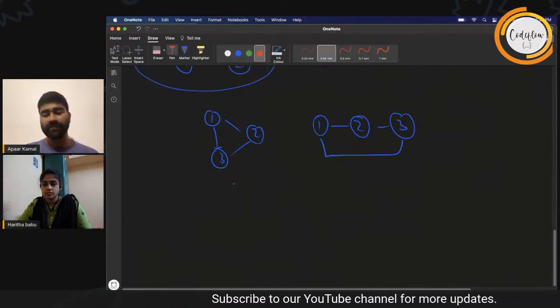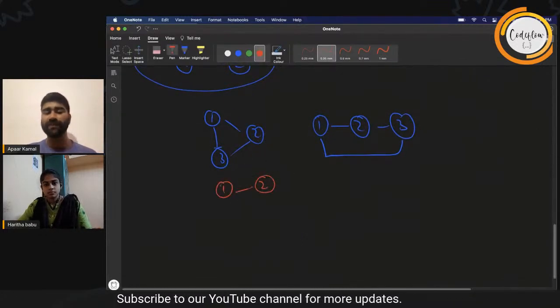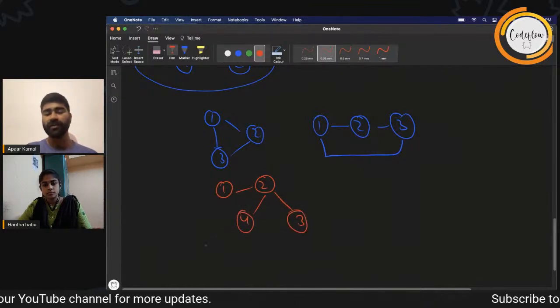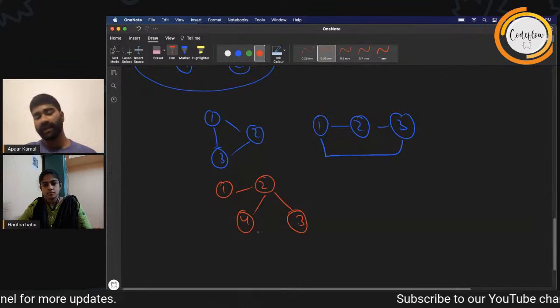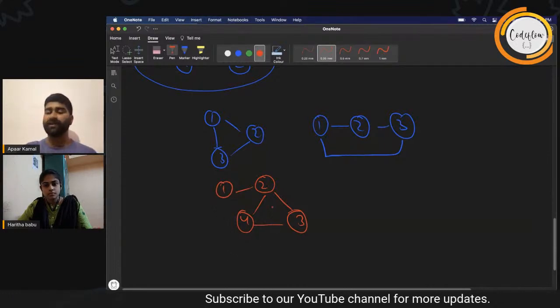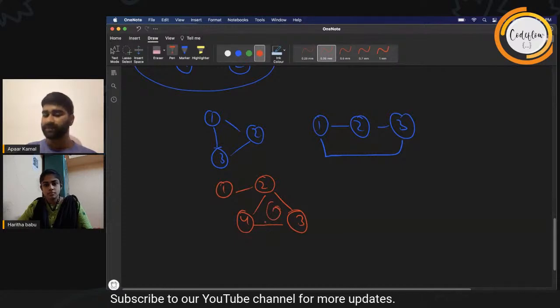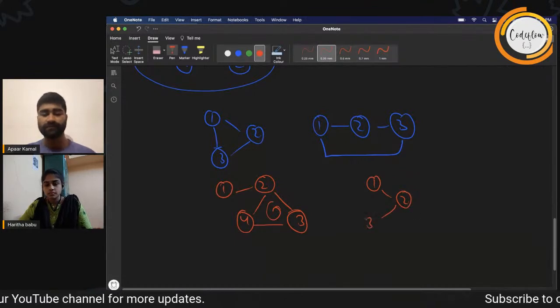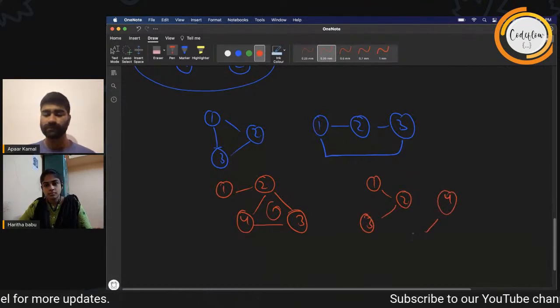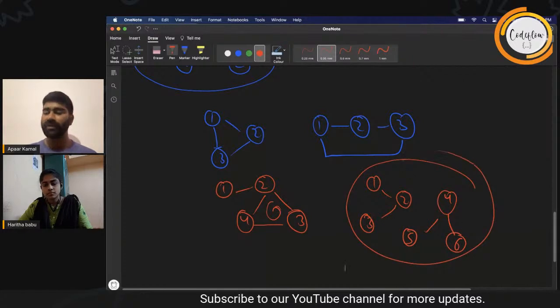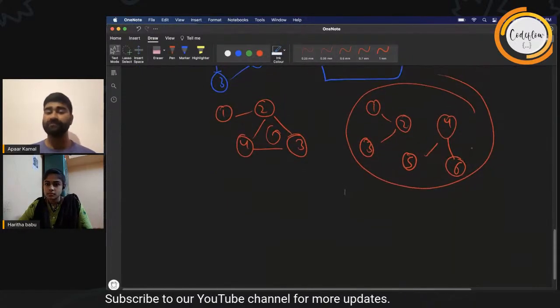Let's take some other examples, and then we move on to some properties. So guys, this is again a tree, right? And what if I do this, 1 2 3 4? Now it's not a tree. Why? Because I have got a cycle in this. Cool. Let's talk about this graph. So guys, think and tell.